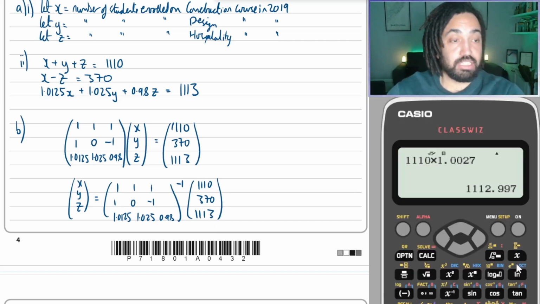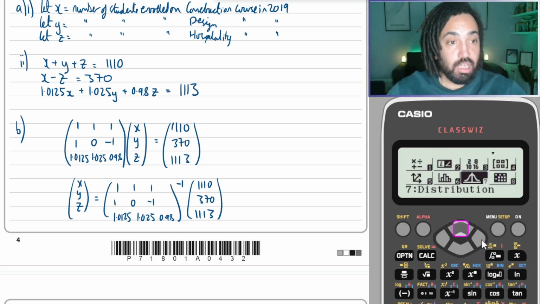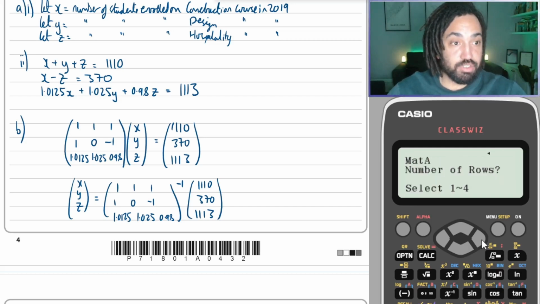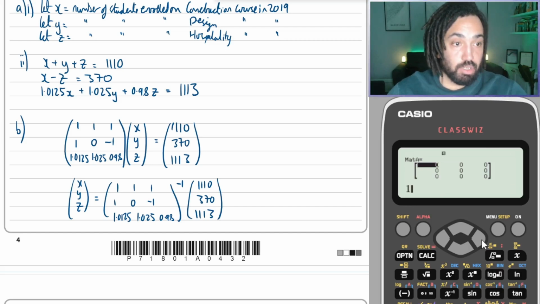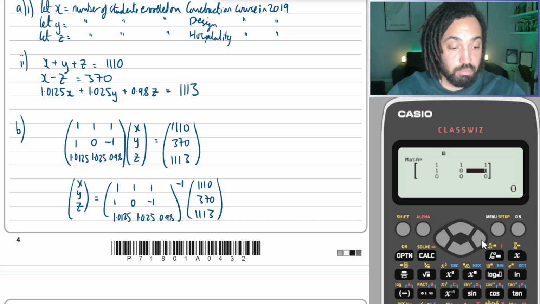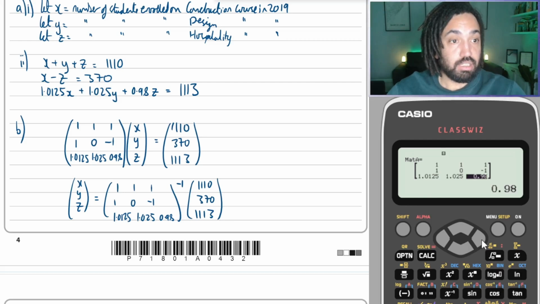So let's get the calculator back up, and let's go into menu, matrix. And we want to define matrix A, and that has 3 rows and 3 columns. And the numbers we're going to use are 1, 1, 1, 1, 0, minus 1, and then 1.0125, 1.025, and 0.98.